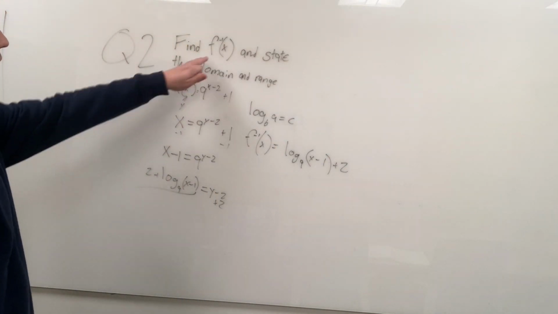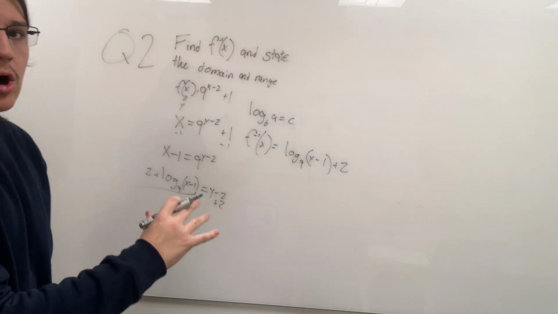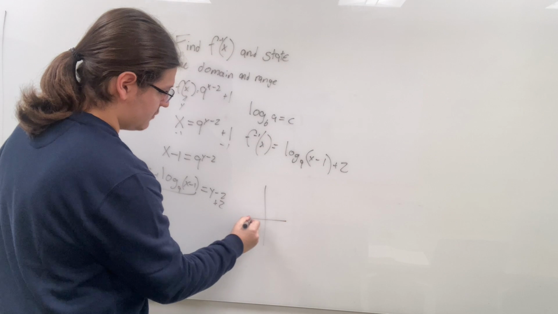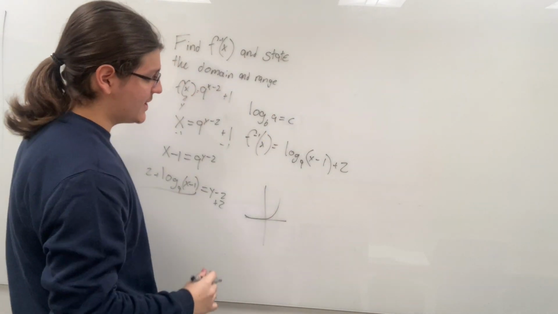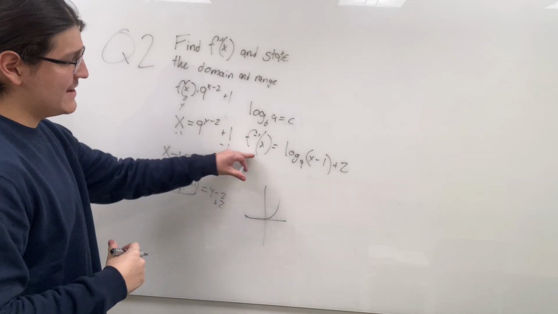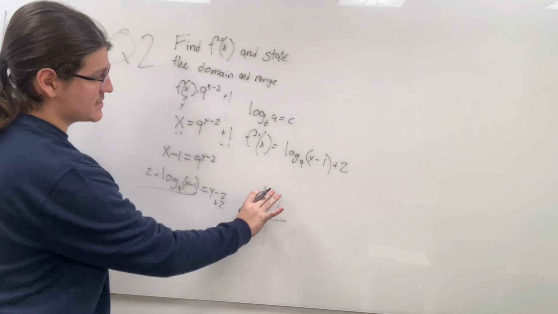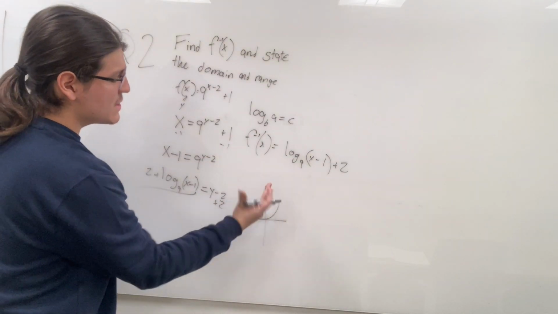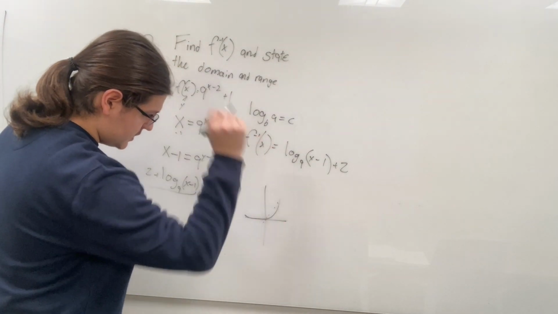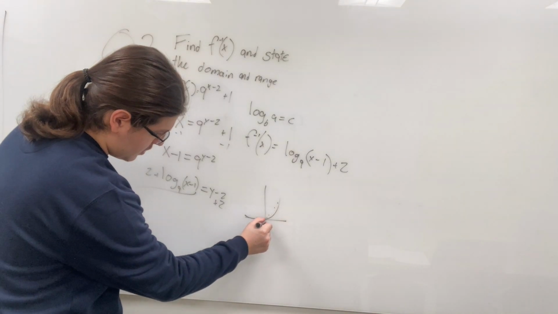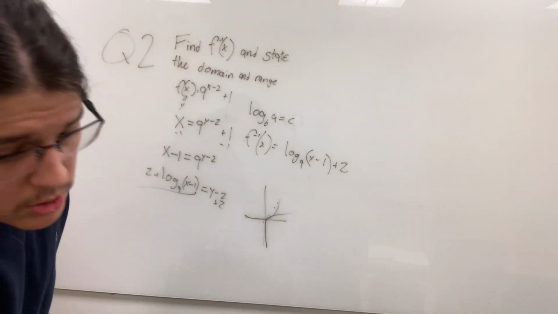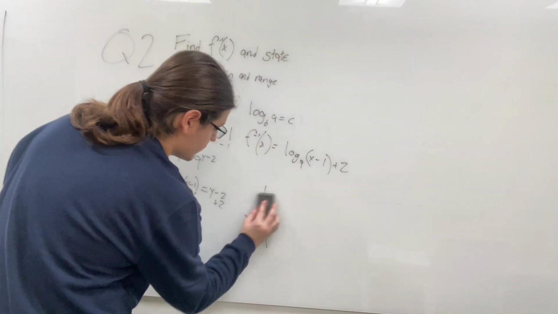All right, and now for our domain and range. Now recall, logarithms are the inverse of exponential functions. Exponential functions, they move up like that. Now logarithms, or when we take the inverse of a function, it mirrors it about y equals x. So that makes our function right around here. But this is not just any normal logarithmic function.